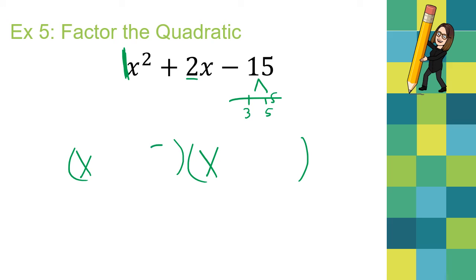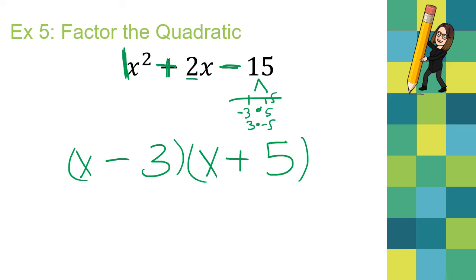Ooh, but 3 and 5 can. Now, I'm multiplying to get negative. That means it could be a -3 or it could be a -5, right? But my middle number's positive, which means I want my bigger number to be positive.